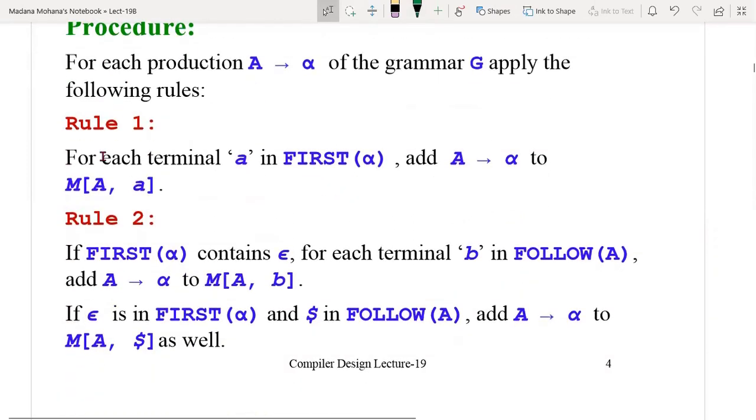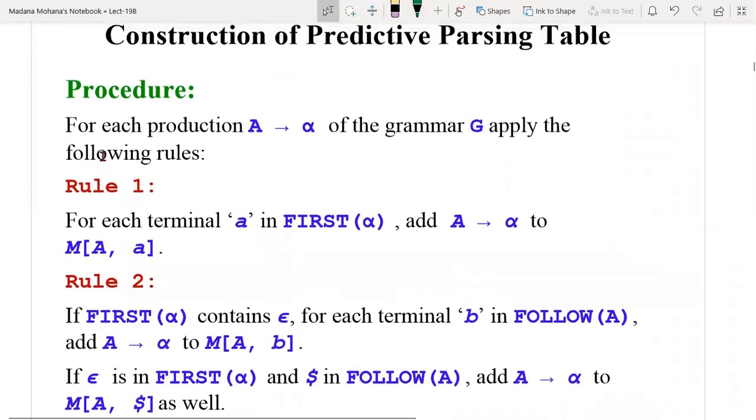Then coming to the procedure. For each production of the general form A derives alpha of the grammar G, apply the following rules. Every time you can assume the production is of the form, a variable A derives alpha. Based on the alpha values, the following rules are defined.